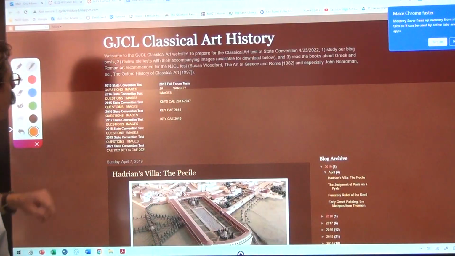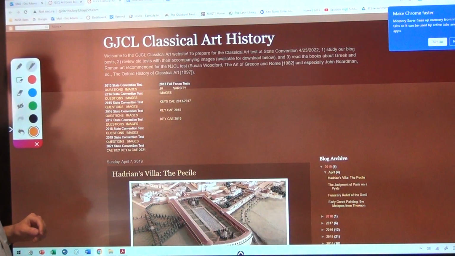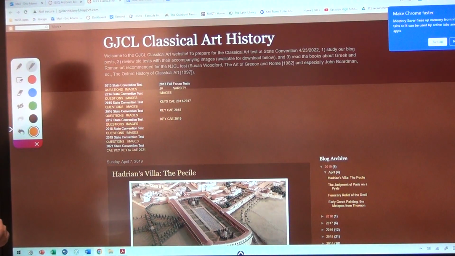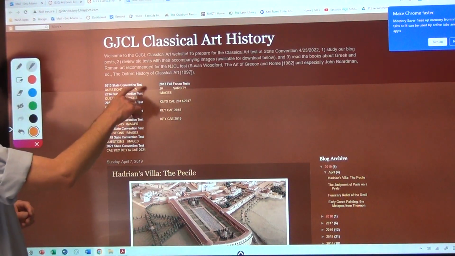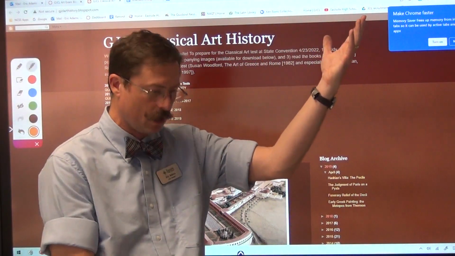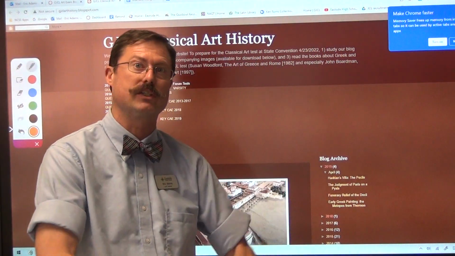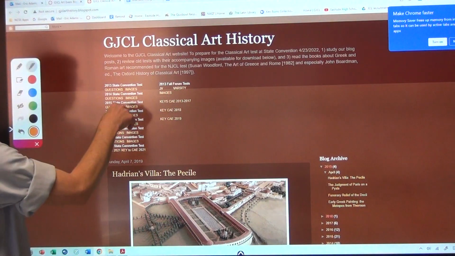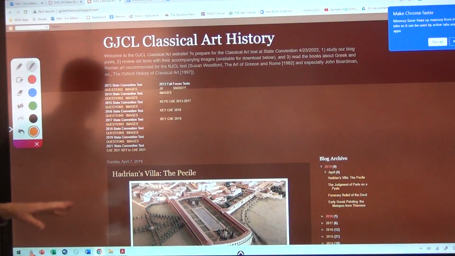And particularly, you can look at the previous exams all the way back to 2013. You have the images, half the exam is going to be based on images where you look at the image and answer the question on the test. And then of course you have the questions themselves corresponding with them there.